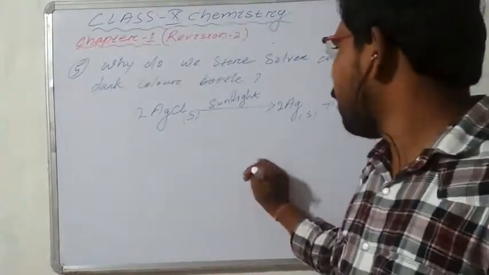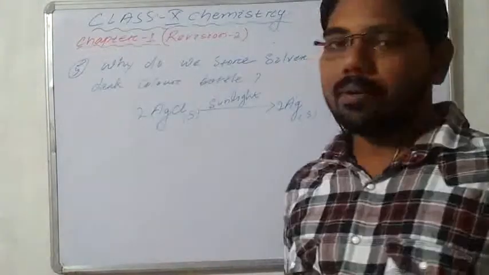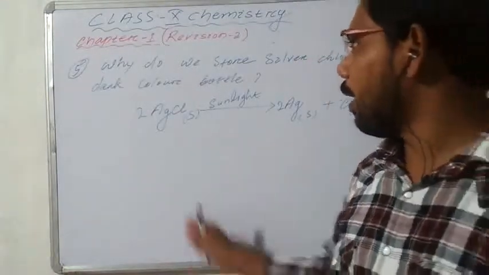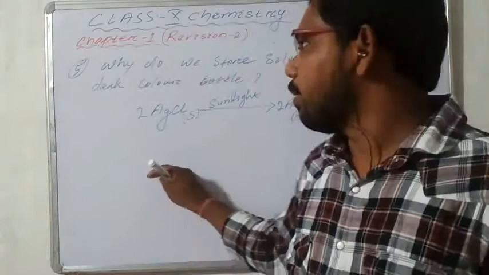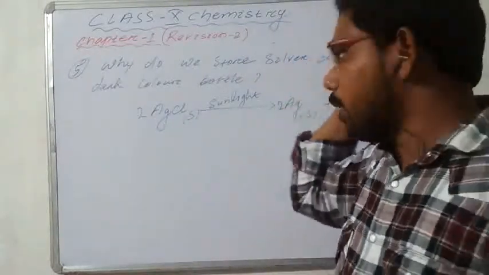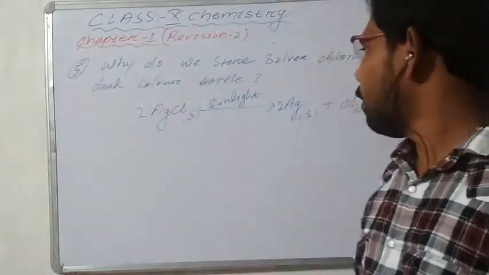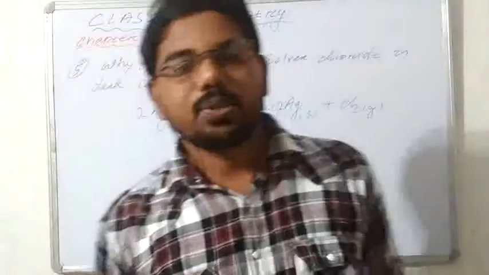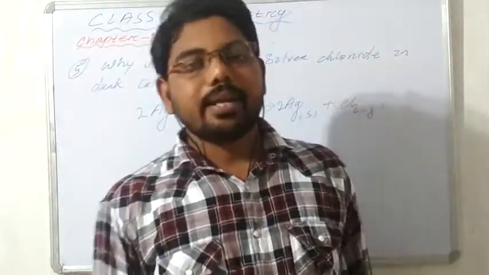To prevent this, we use a dark color bottle, because the dark color bottle retains the path of the light. The light cannot pass through the dark color bottle. That's why silver chloride is stored in a dark color bottle.